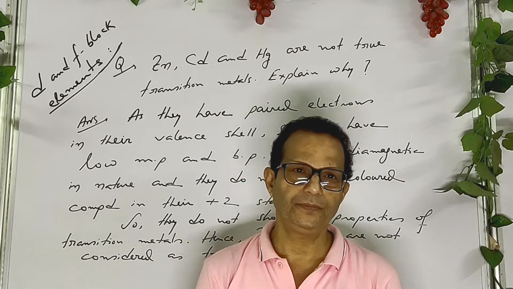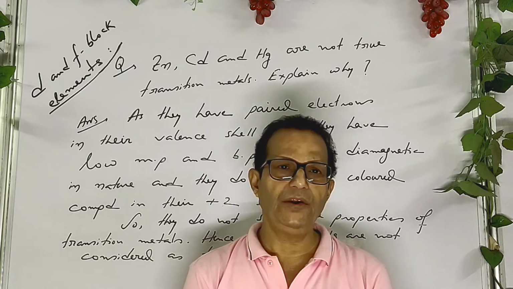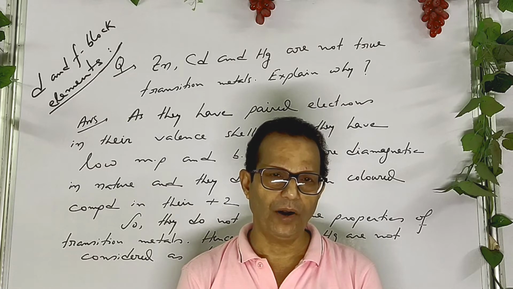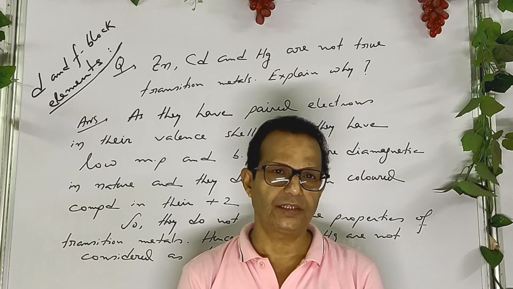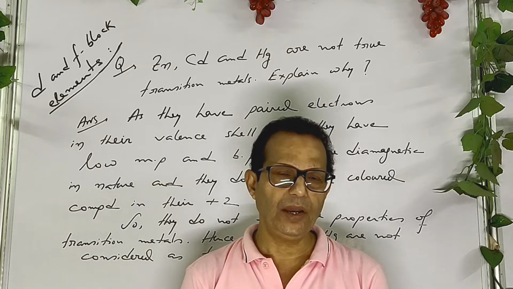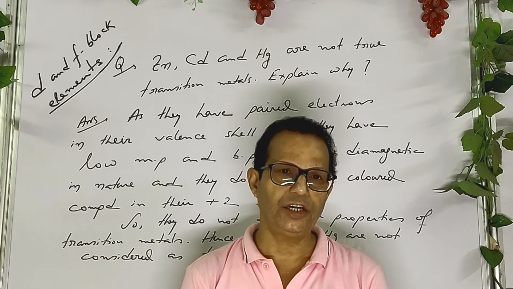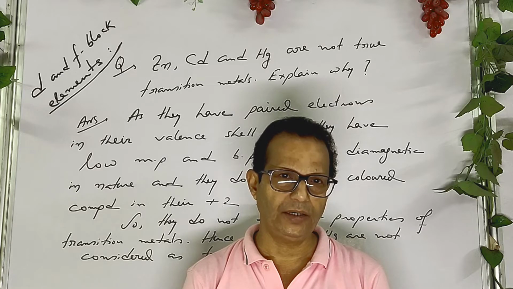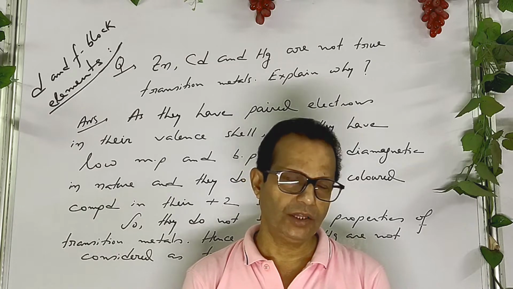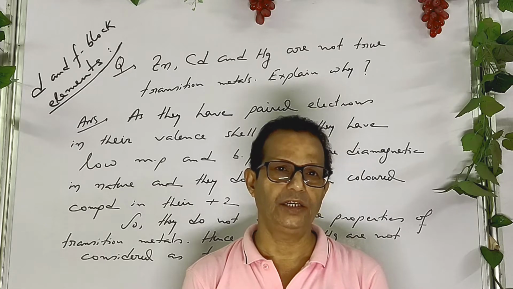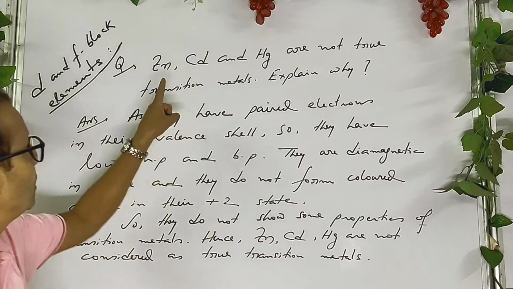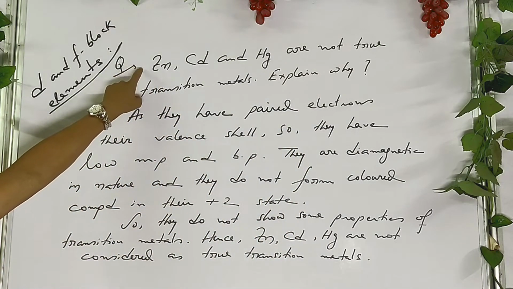That's why they form colorless or white compounds. That is, most of the compounds of zinc, cadmium and mercury in their divalent states are colorless or white. Zinc, cadmium and mercury are diamagnetic in nature, as all the electrons are paired, while most of the transition metals or their ions are paramagnetic in nature. So understand this, okay? The question is very important for your exam.